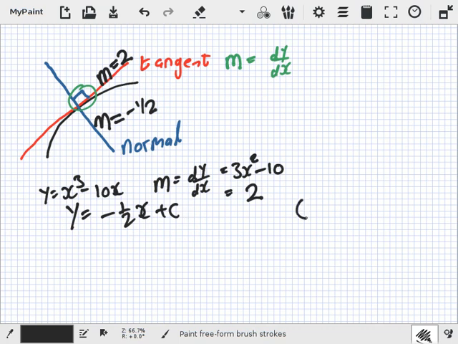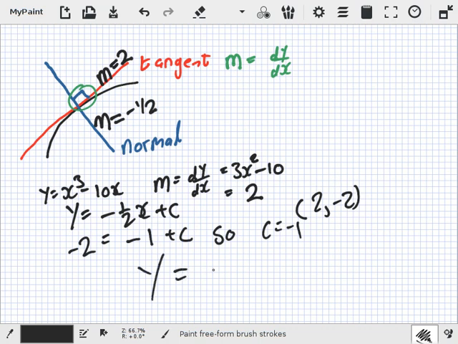Yeah, insert the 2, minus 2. So we get minus 2 equals minus 1 plus c. So c equals minus 1. So we have our answer. y equals minus a half x minus 1. Okay.